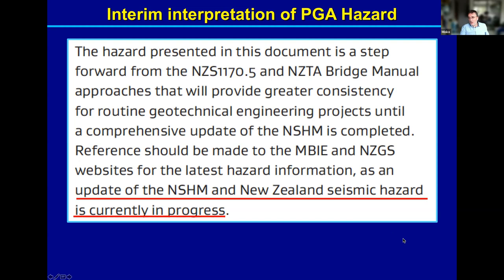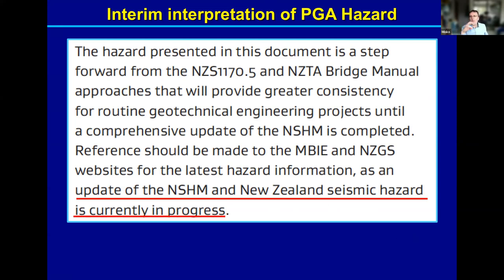And the second, in addition to that, we acknowledge that at the moment there is an update to the National Seismic Hazard Model, and the new version of the generic probabilistic seismic hazard for New Zealand will be provided in 2023.